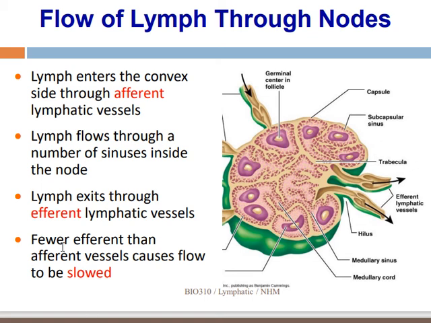There are fewer efferent lymphatic vessels compared with afferent lymphatic vessels because they want to slow down the flow of the fluid from the lymph nodes.